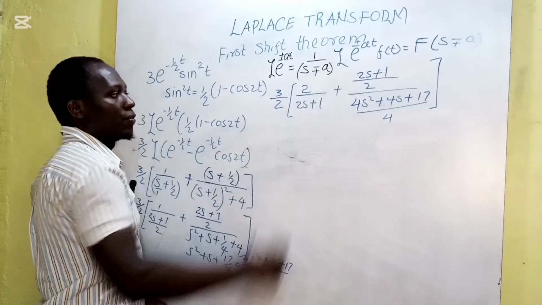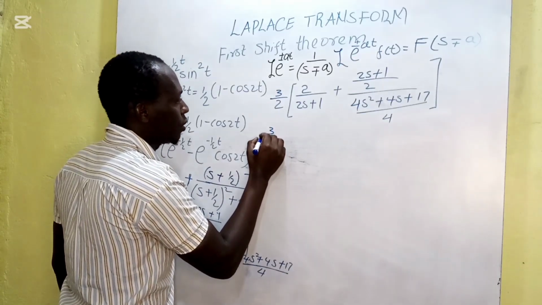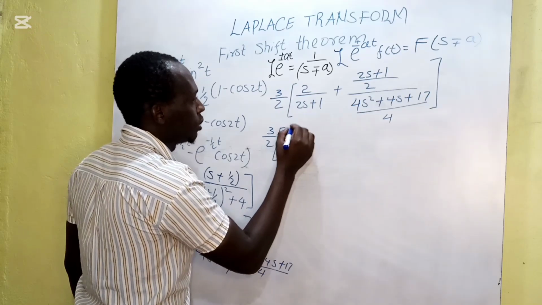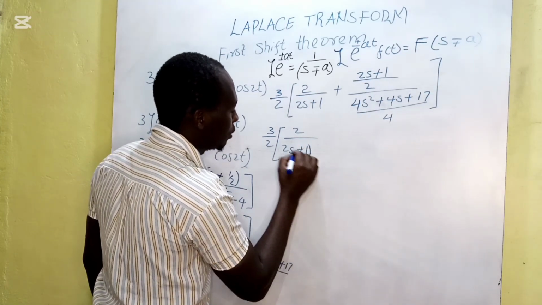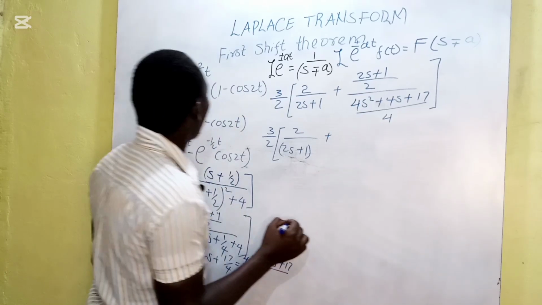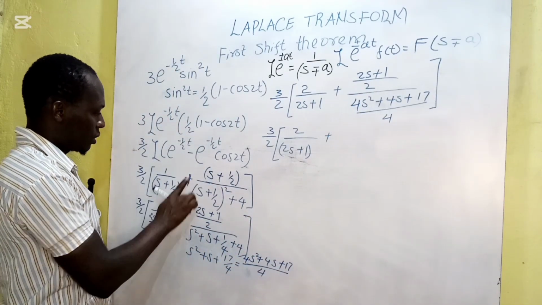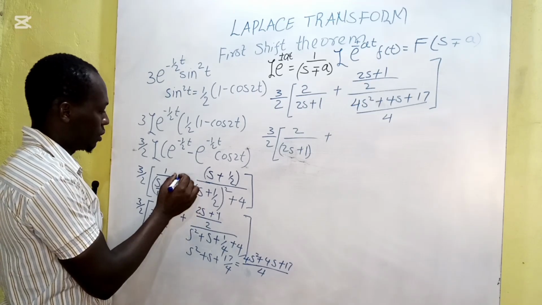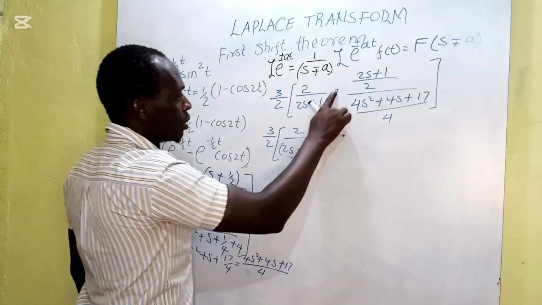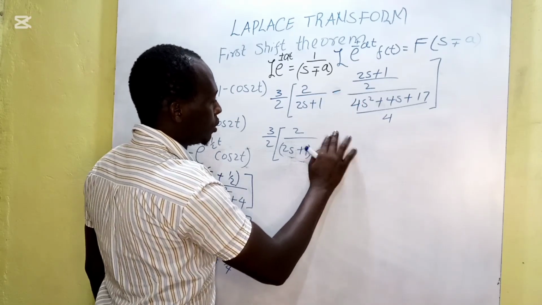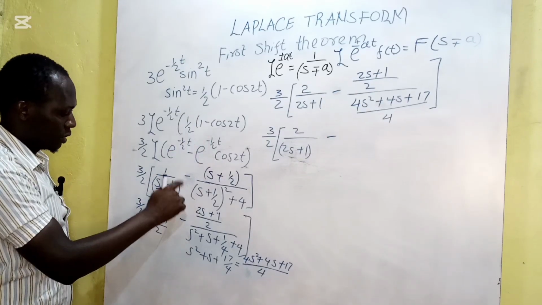Let us now simplify our improper fractions on that side, and now we are going to have 3 all over 2 into 2 all over 2 as we add to 1. We come and add 2, here we are supposed to be having the negatives. Because I forgot about that negative at this point.